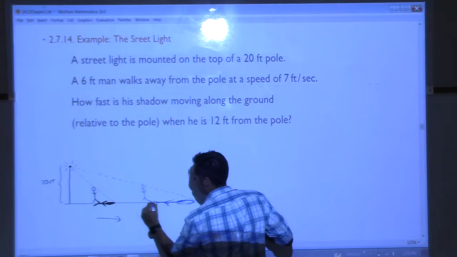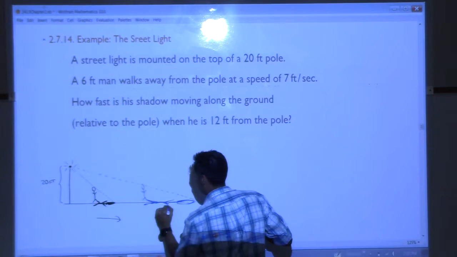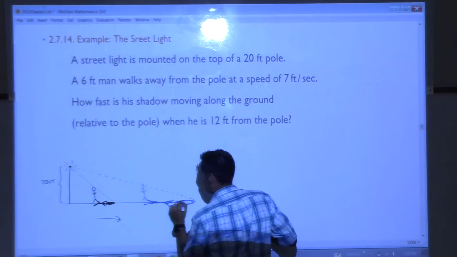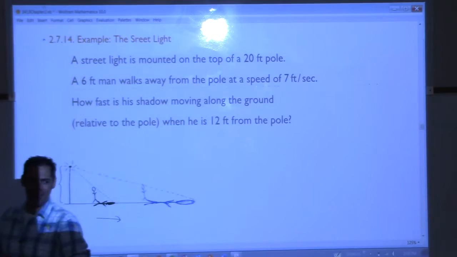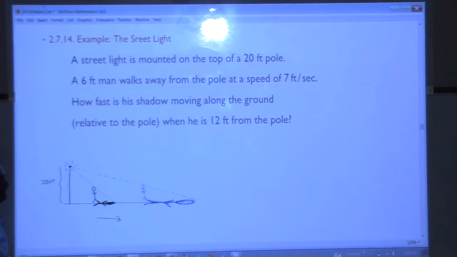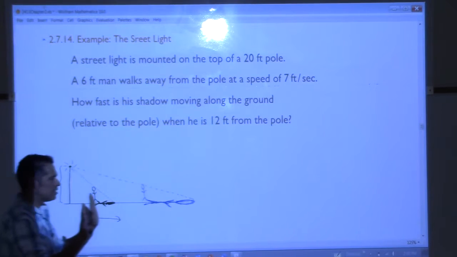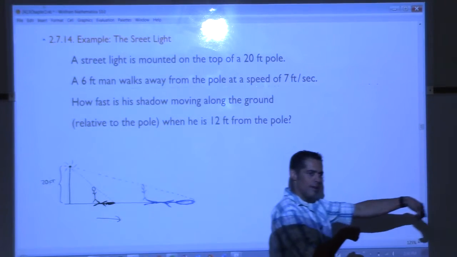Again, don't be jealous. Okay, no room for that in here. I'm not quite sure why it got wider, but it did get longer. Okay, so he's moving at a constant rate, and his shadow is moving.